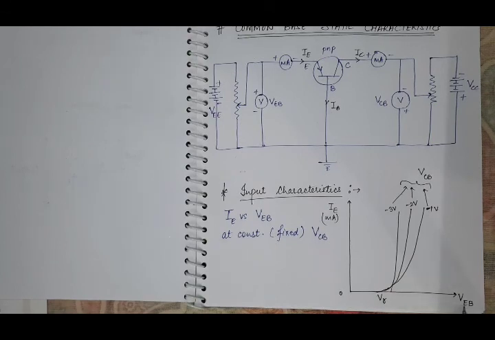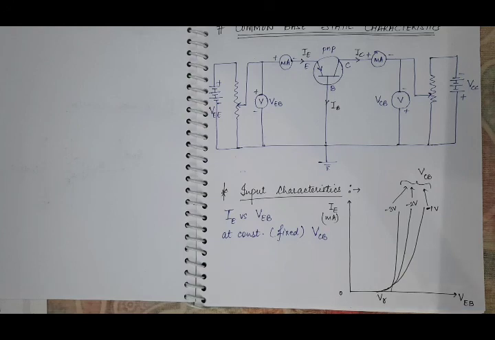It is the forward bias voltage across the emitter base junction. Increase its value and you will see how this input current IE varies according to VEB. And then plot the variations for IE versus VEB for different fixed values of output voltage, that is VCB, and you will get this graph.